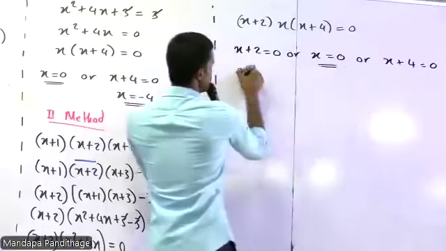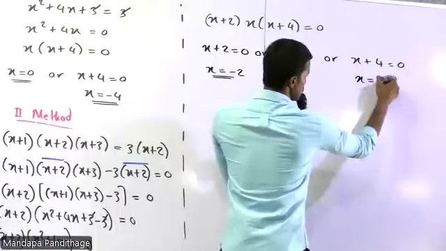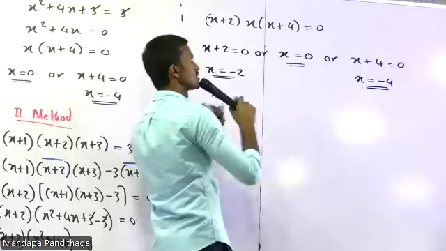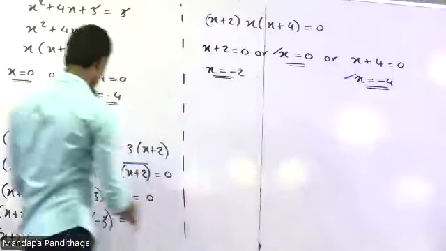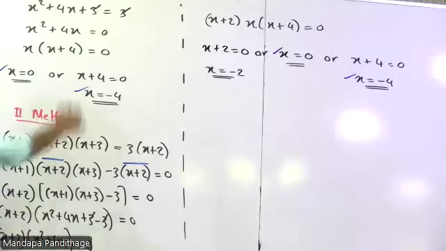So then you have 3 answers. x equals 0, x equals minus 4. That is common as the first method. But you are getting an additional answer of x equals minus 2. Now if you go in this method, you get an additional answer of x equals minus 2.